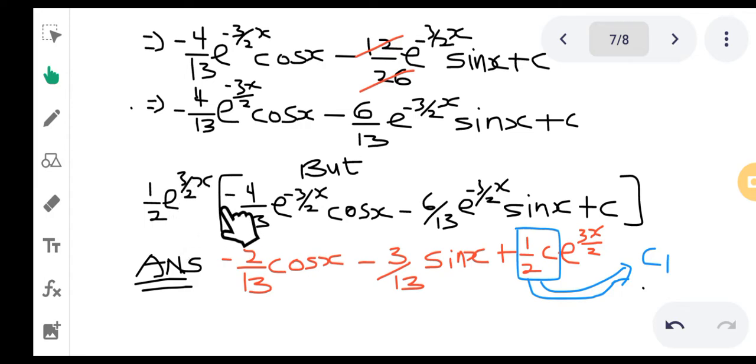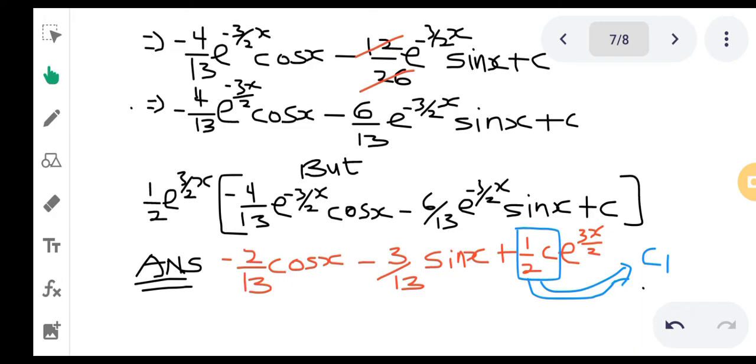We multiply this by the whole of this, the positive and negative 3x over 2, so you add them, it becomes e exponent 0, and e exponent 0 is 1. That's why I didn't write it. So it will be left with only the cos x.